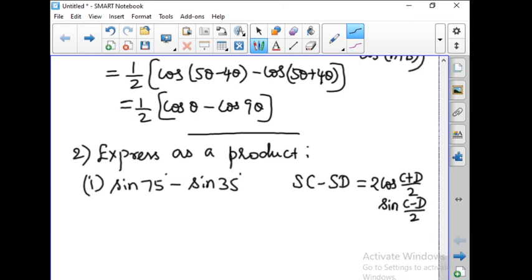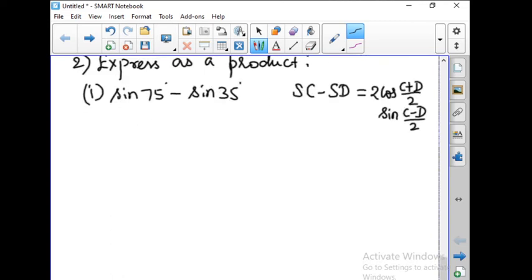Okay, if sin C minus sin D comes, what is the formula? 2 cos of C plus D by 2 into sin of C minus D by 2. Okay, so we are going to apply this.